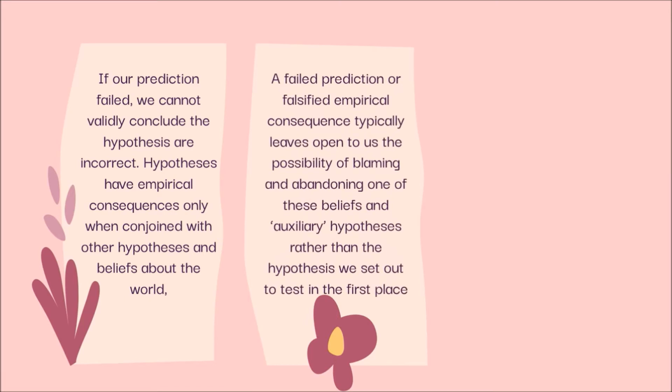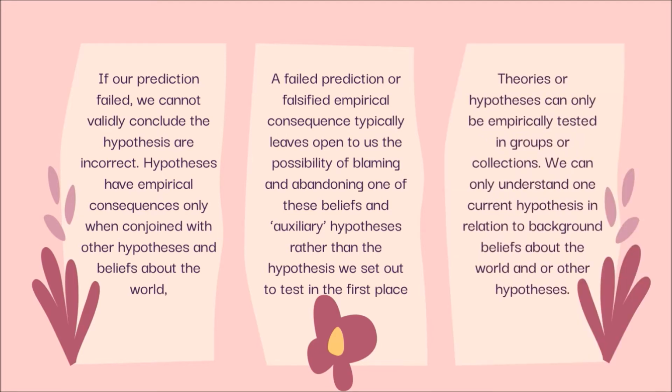A failed prediction or falsified empirical consequence typically leaves open to us the possibility of blaming and abandoning one of these beliefs and auxiliary hypotheses rather than the hypothesis we set out to test in the first place. We can also say that theories or hypotheses can only be empirically tested in groups or collections. We can only understand one current hypothesis in relation to background beliefs about the world and other hypotheses.